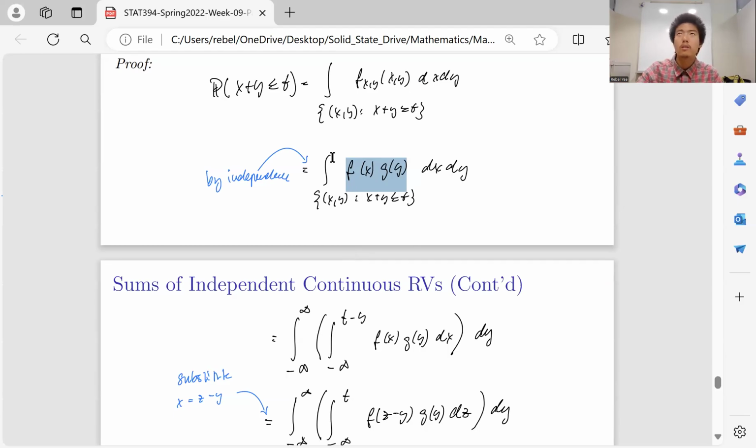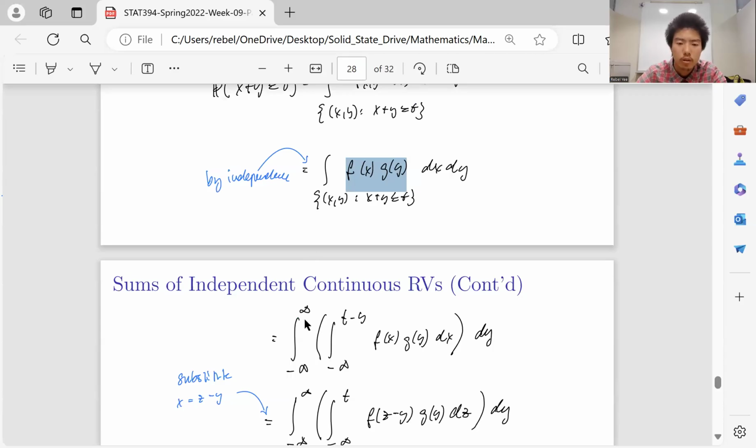And then we expand the indefinite integration into definite integration with fixed values, from negative infinity to t minus y, and from negative infinity to infinity.